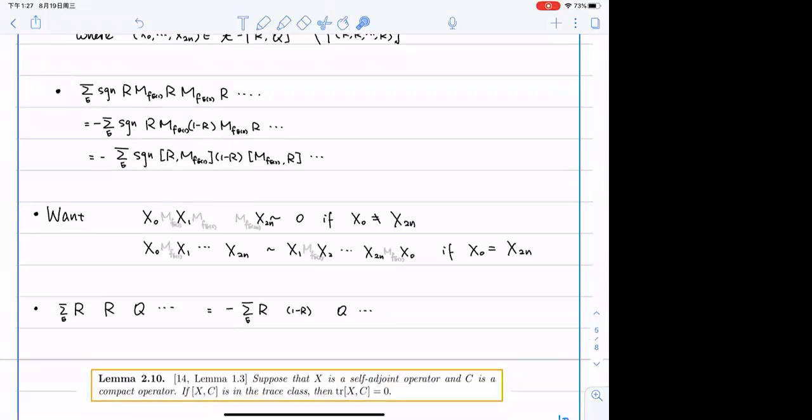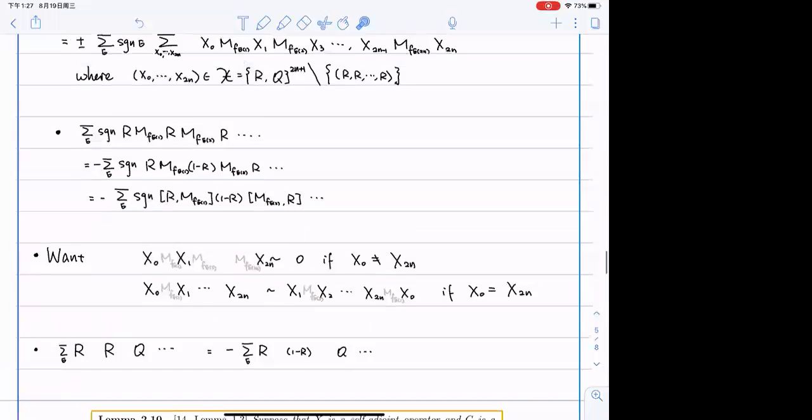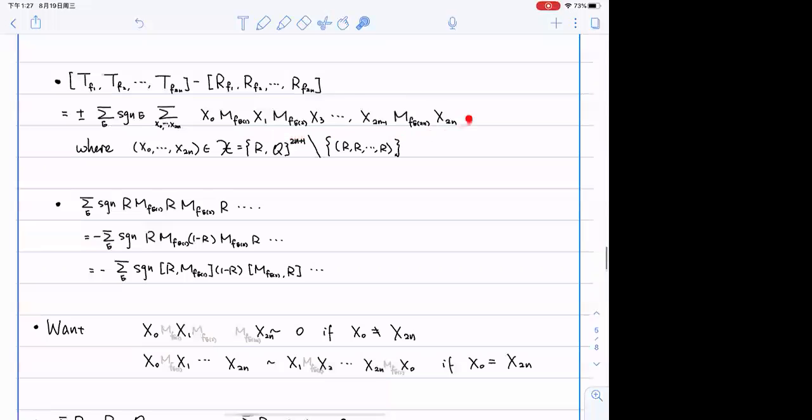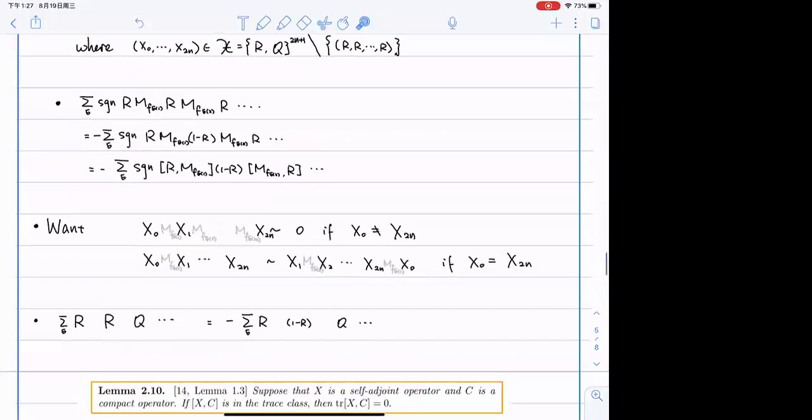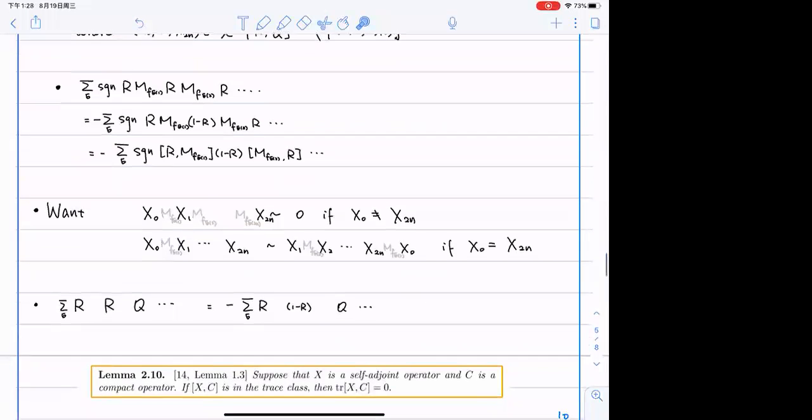And essentially, how do we prove this trace is 0? You have a collection of these operators. Essentially, we are proving that if these 2 ends might be R, might be Q, and if one is R and one is Q, then this has 0 trace. Equivalently, the difference is trace class and of 0 trace. So if the 2 sides are different, you get 0.